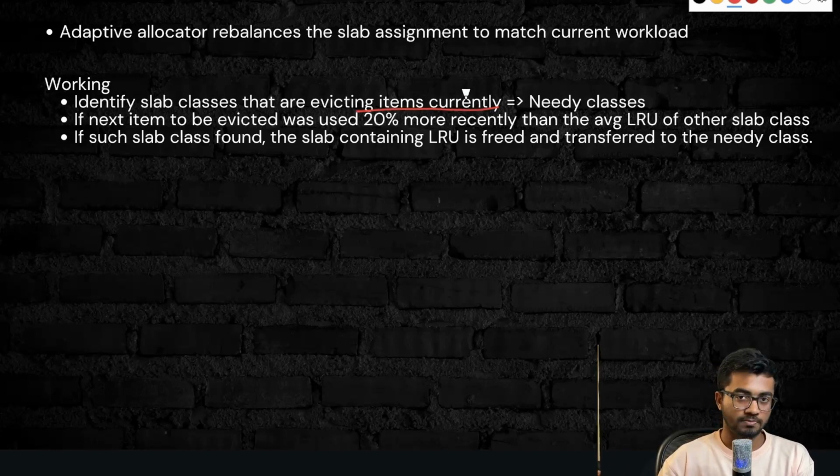They need more space, and that is when we term them the needy classes. If the next item to be evicted from the needy class is 20% more recently used than the average LRU of any other slab, we compute this.